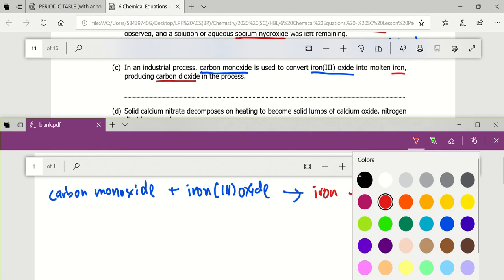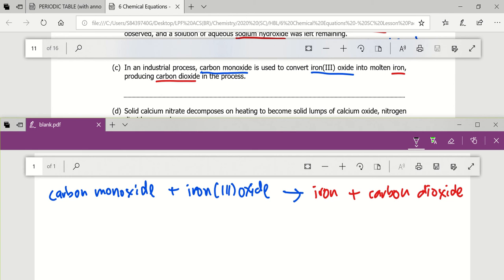So we can see here that carbon monoxide is a covalent compound. The prefix mono is there, so I have 1. And carbon dioxide, another covalent compound, prefix di, so there are 2 oxygen there. And iron 3 oxide is an ionic compound.